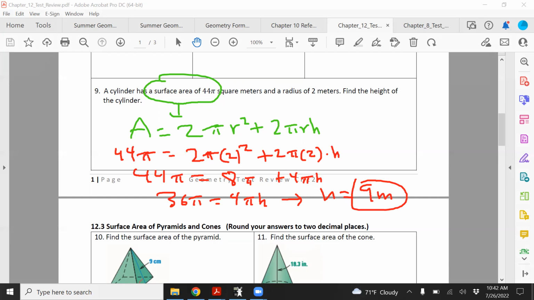That's a good problem. I think it's a reasonable problem, where instead of just find the area, you're given the area and solve for the unknown, using the formula correctly. So I think that's a really good problem. If you were unsure how to do that one, that's what you do.